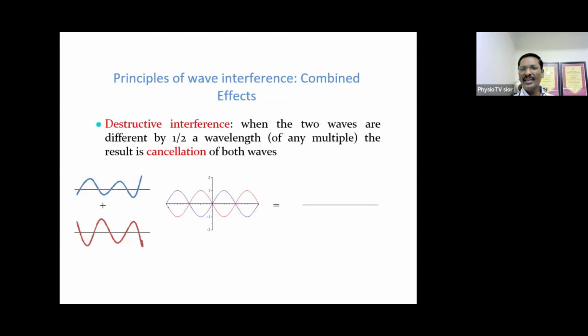The best example I can give you for this is the muffler or silencer of vehicles. If a silencer is not present in a vehicle, it makes a very loud sound. To reduce that sound, a muffler or silencer is added. The silencer produces the same waveform, exactly opposite to what the vehicle produces. They cancel out each other, and that helps in reducing the noise.